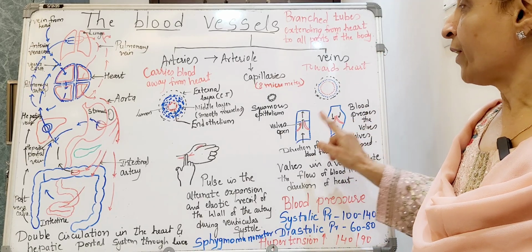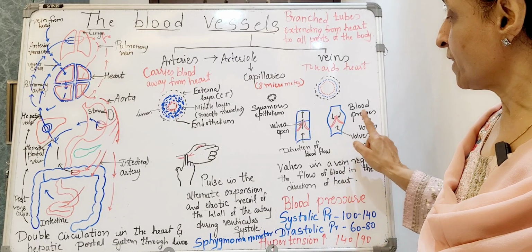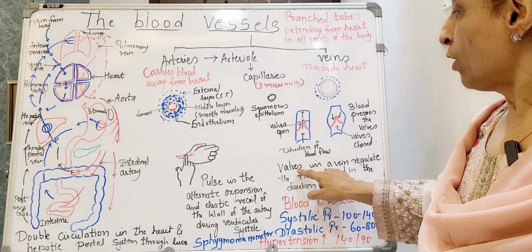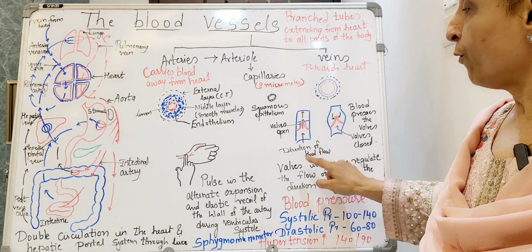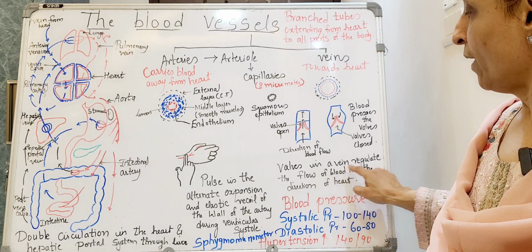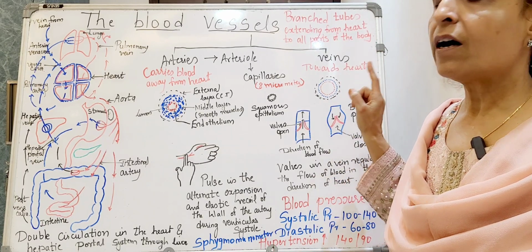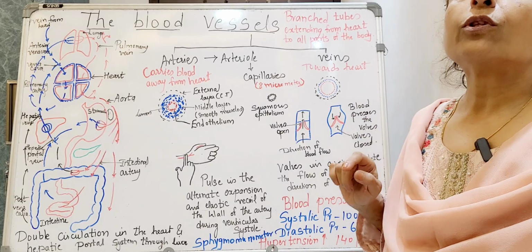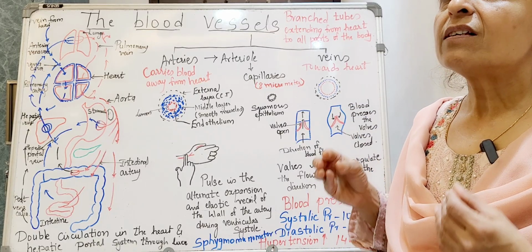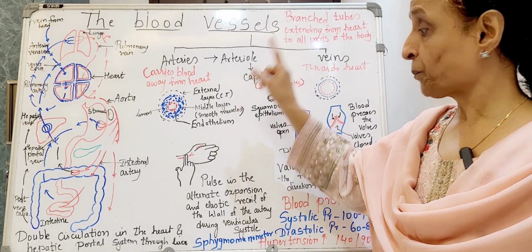So here you can see how the opening and closing of valves takes place. This is the direction of the blood flow. Valves in a vein regulate the flow of blood in the direction of the heart. So valves are peculiar to the veins, whereas in arteries it just flows with the pressure.